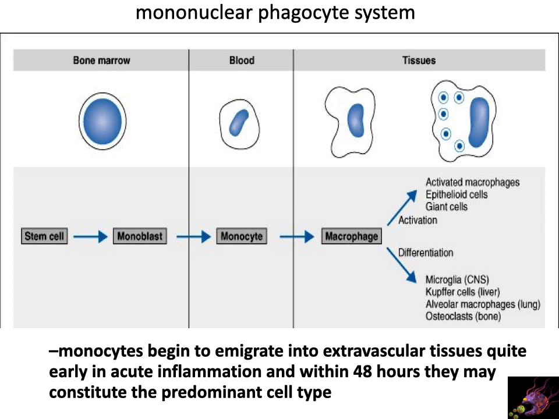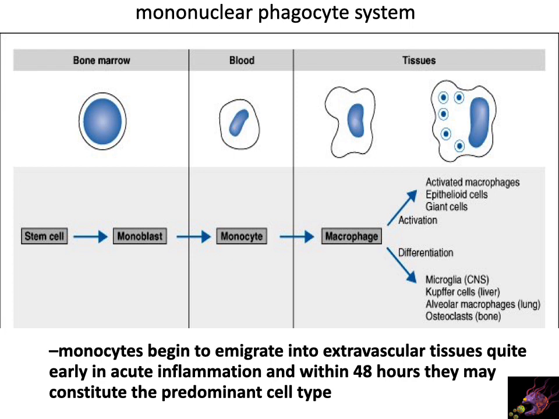So again, this is a diagram showing us the mononuclear macrophage phagocyte system. Okay, we know that the precursors of the cells circulating in the blood all come from the bone marrow. Immature precursors of monocytes are known as monoblasts. Okay, after 48 hours of inflammation, after the acute phase, cytokines are secreted, which causes the release of these monoblasts from the bone marrow into the circulation.